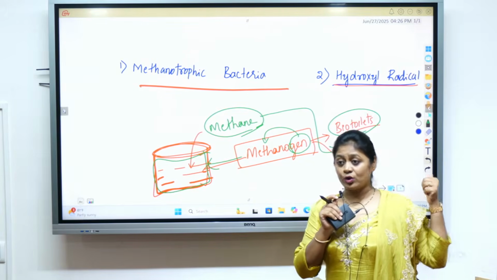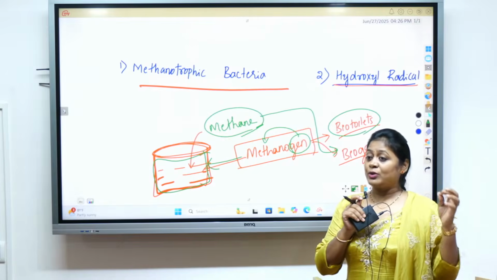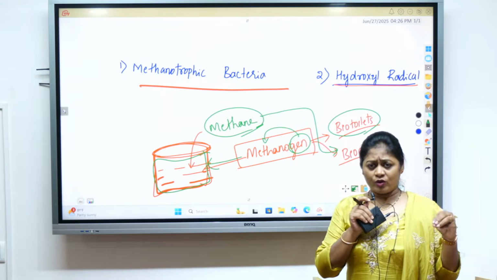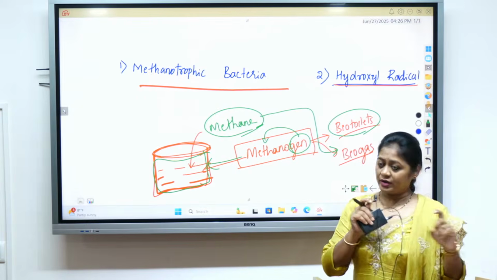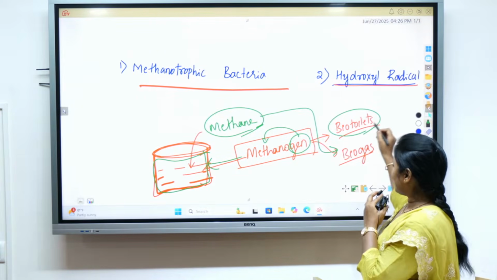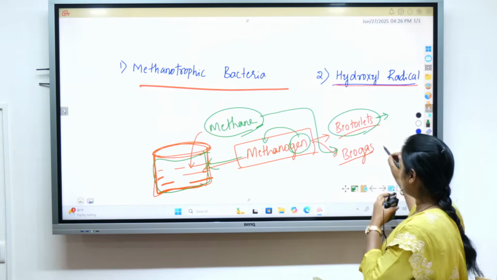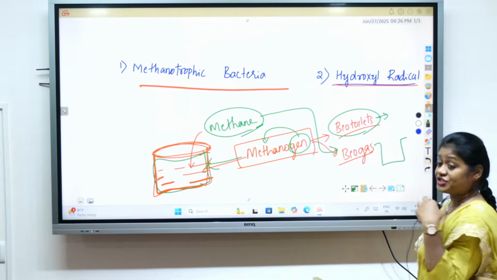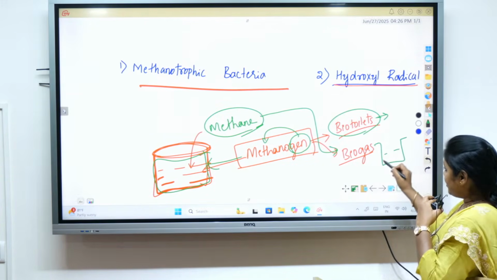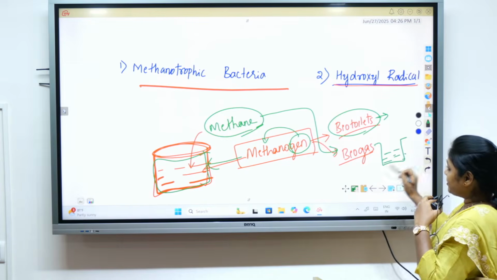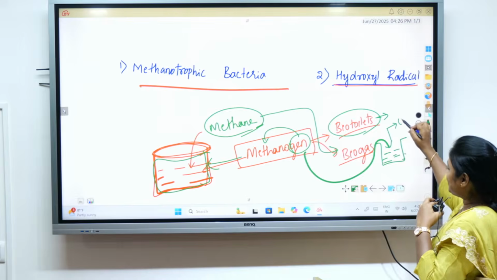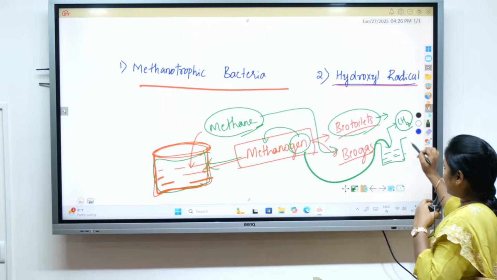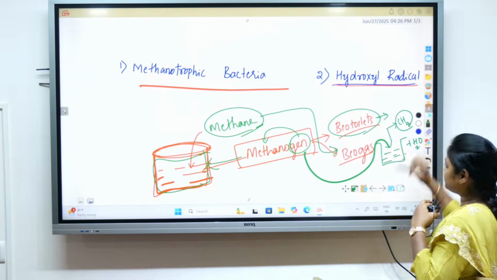Those are biotoilets, to avoid overspilling of fecal matter on the railway tracks. So what happens here is the human fecal matter will be collected in a chamber. This fecal matter will be digested by this methanogen bacteria and which produces methane. And water will be released.